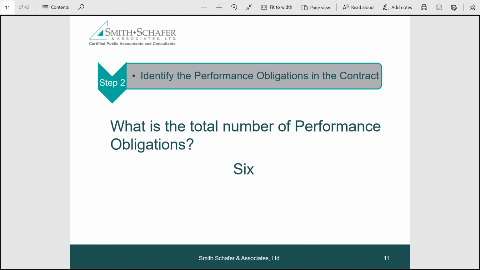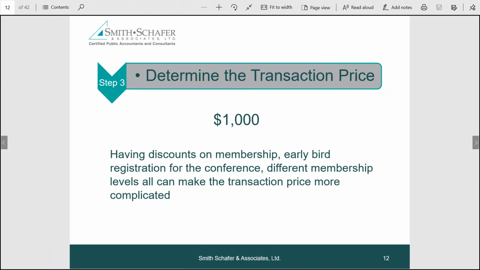Step 3 is to determine the transaction price. In this case, our scenario is pretty simple. We only gave one price, and that's the $1,000. In reality, most organizations or most associations are going to have a lot of different price points, and all that's going to affect how you calculate and how you allocate the transaction price.